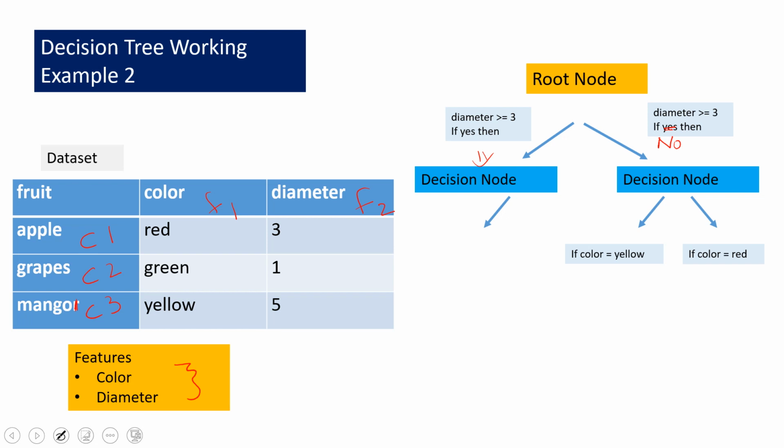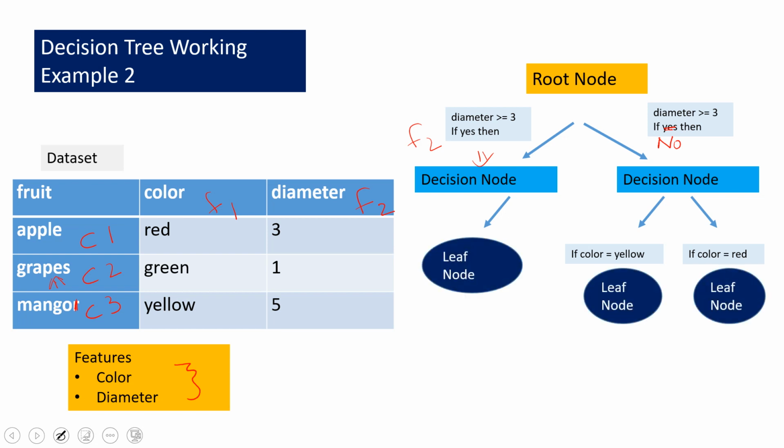Obviously the diameter of grape will be really different, so it will be discriminated on the basis of feature 2 at this point. And then apple and mango, sometimes they have the same size, so on the basis of their color it will be discriminated later on.